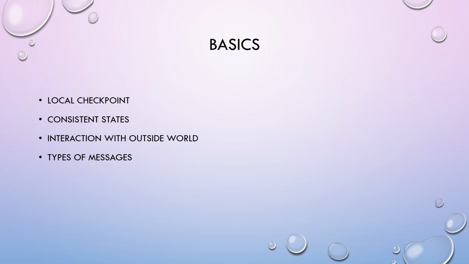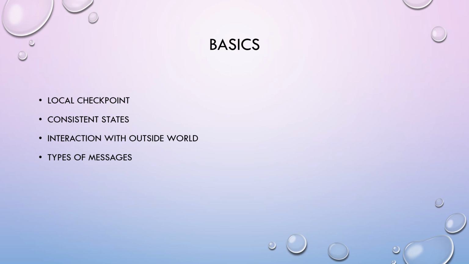Next one is consistent state. A global state of a distributed system is a collection of the individual states of all participating processes and the states of the communication channels. A consistent global state is a global state that may occur during a failure-free execution of a distributed computation.